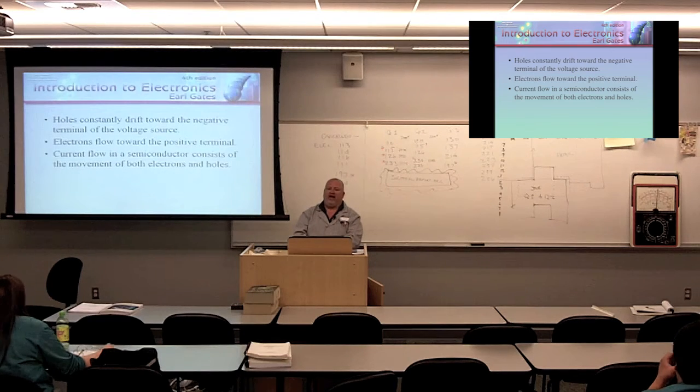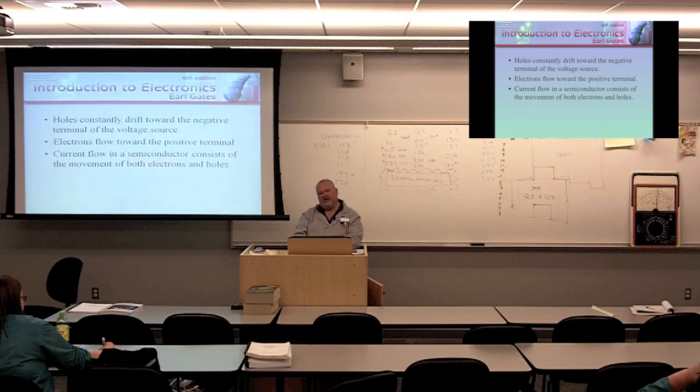Now, holes constantly drift toward the negative terminal of a voltage source. Why would a hole constantly drift towards the negative terminal of a voltage source? Opposites attract. It's that simple. If you're a hole, you want to be filled by what? An electron. Where do electrons hang out?